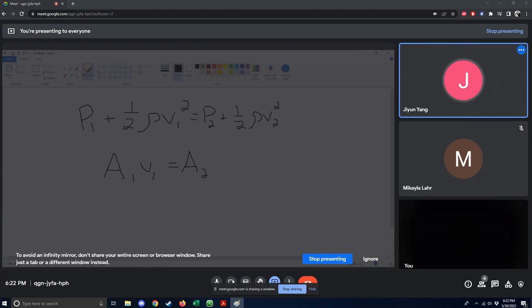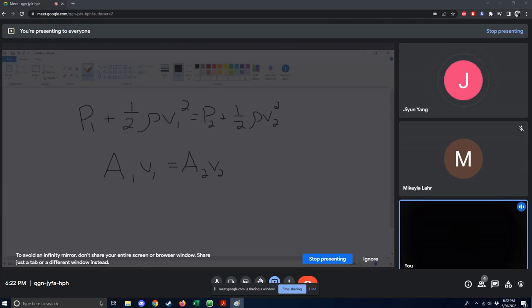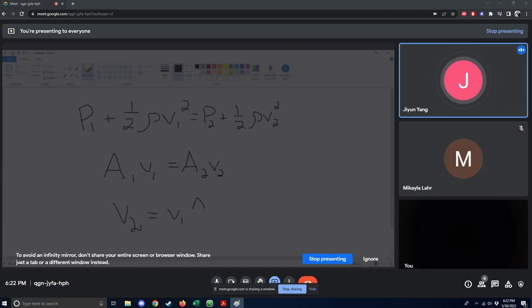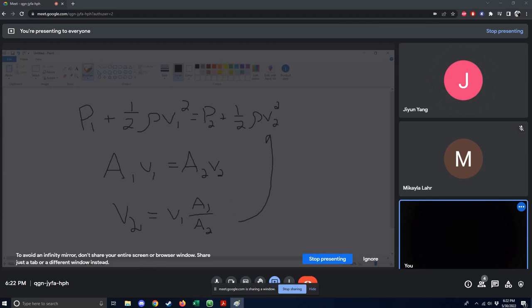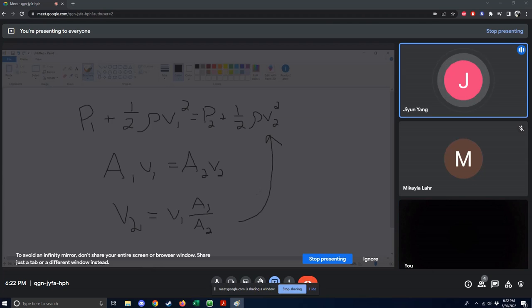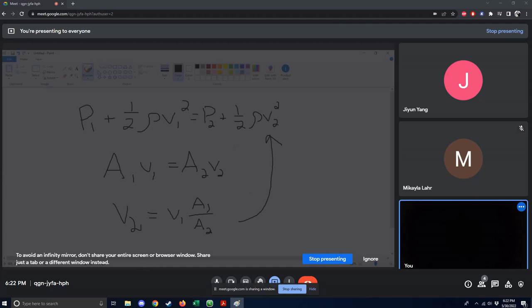And because the equation that they want us to get to doesn't have a V2, that means what I want to do is use the flow rate equation, solve for V2 like that. And then this entire term is going to get plugged into here. So then from there, it's just moving things around.